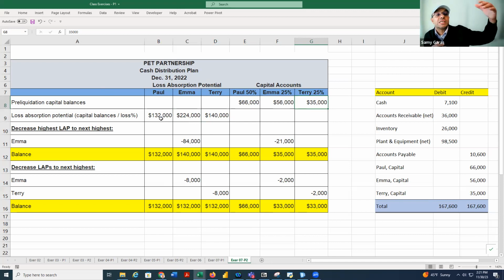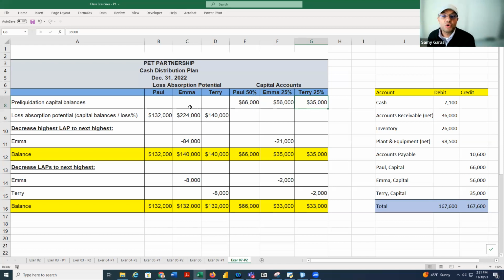Why? Because he has a big ownership percentage. Emma has big capital, but less ownership. So she can absorb more losses than Paul, and of course, Terry can absorb more losses than Paul. Now we need to make the loss absorption percentage equal.